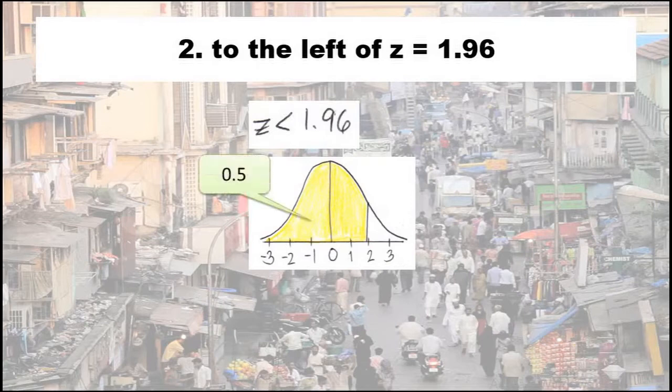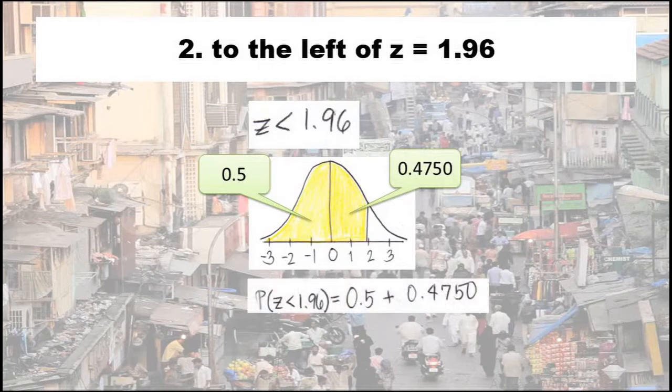So 0.5 is the left part, and 0.4750 is on the right part. So the probability of z less than 1.96 is equal to 0.5 plus 0.4750. So the probability of z less than 1.96 is equal to 0.9750.